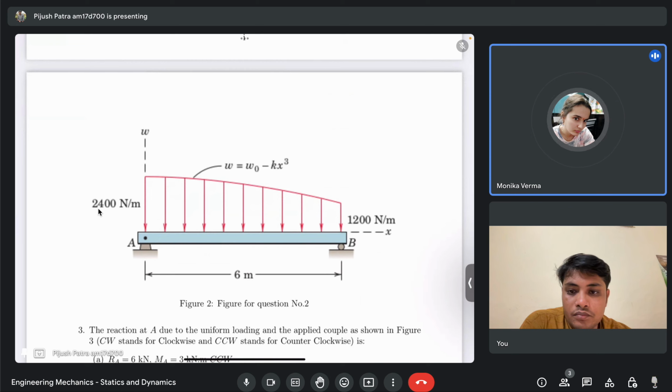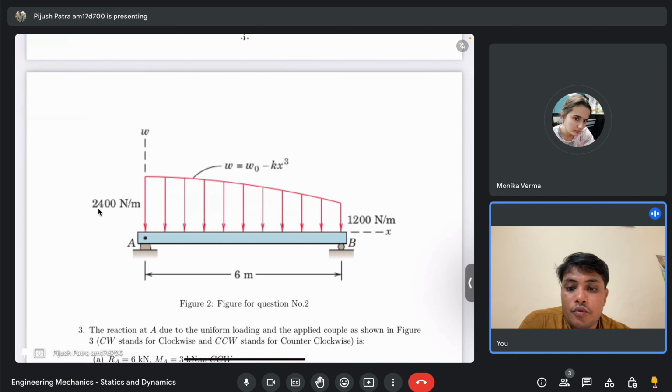Yes, sir. Correct. So if you put that, 2400 equals W0 minus K times 0, since x equals 0. That means W0 equals 2400, right? Now in a similar way, you do it for x equals 6. At x equals 6, W equals 1200.